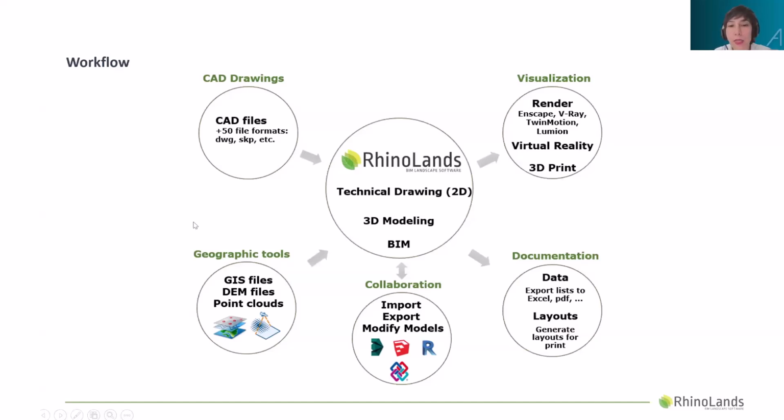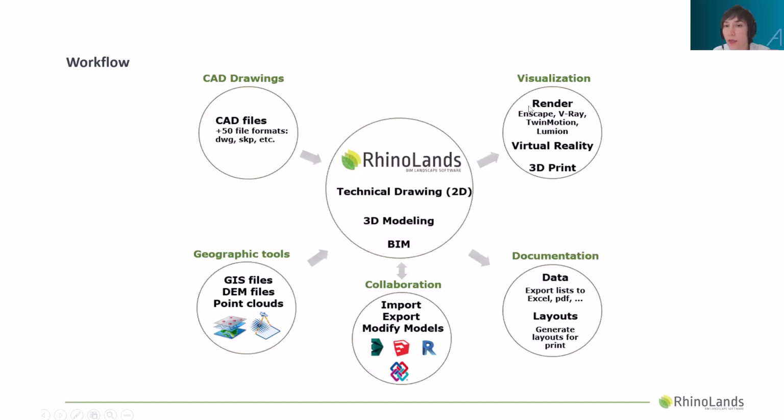Basically, RhinoLands includes everything for drawing, 3D, and documentation. But in case you have a drawing coming from any other CAD program like AutoCAD, SketchUp, or any other programs, you can open them directly into the program and continue working on its 2D and 3D inside RhinoLands.